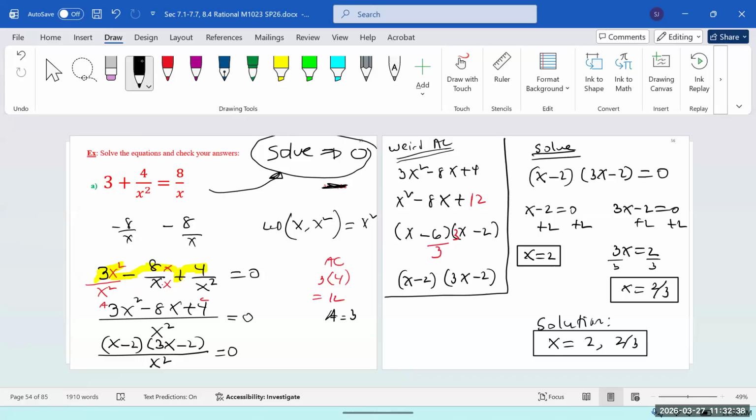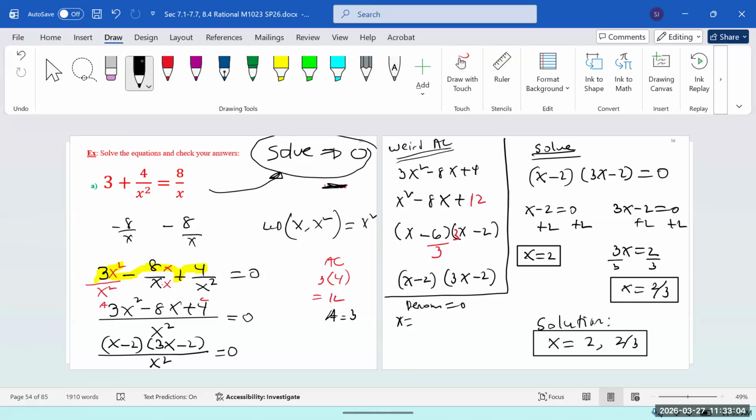Okay, so this is our solution. But we also have to check what makes the denominator 0. So if you look at your LCD, what makes this LCD 0? What number will make the denominator 0? Denominator will be 0 for which value of x? What's wrong, guys?